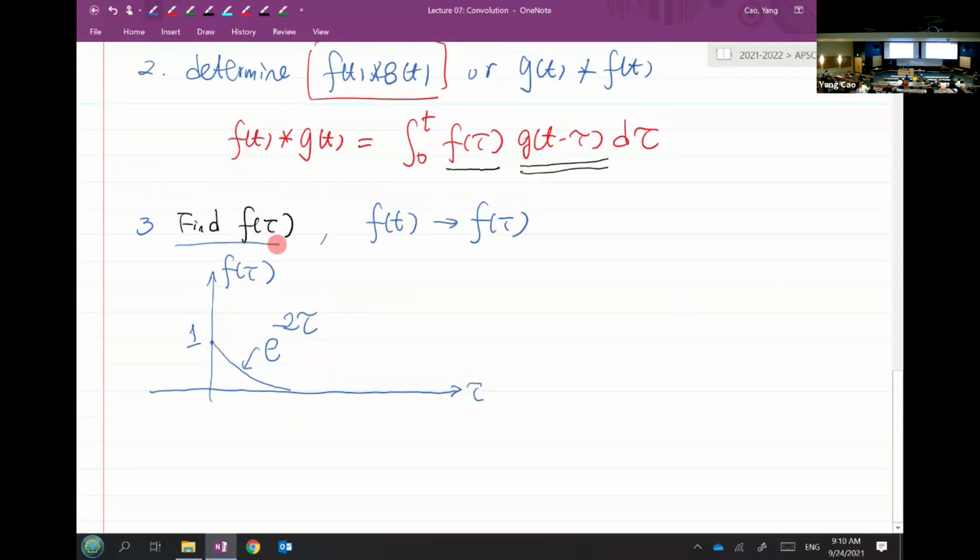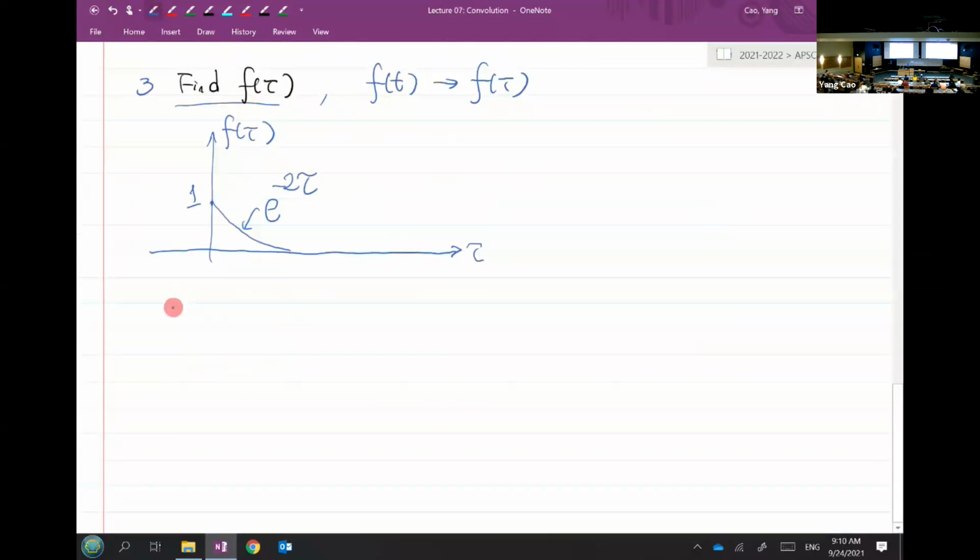Under the same step, we find f of tau, and I say I need to find g of t minus tau. So the next step is to find g of t minus tau. My writing is not always very precise, so just make sure this is t and this is tau.